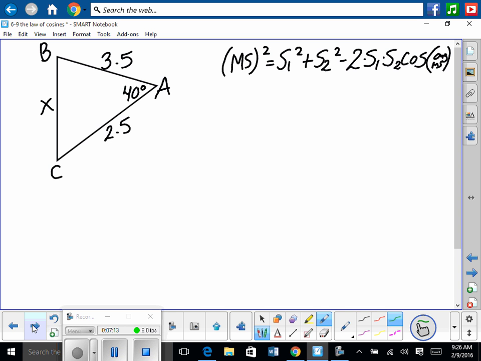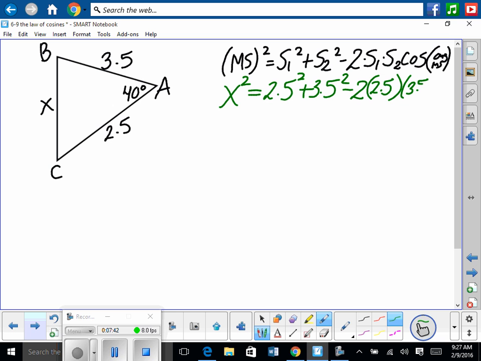So now the formula is this, missing side squared. So wouldn't that be x squared? So we're going to go x squared is equal to side 1 squared. It doesn't matter which one's side 1. So 2.5 squared plus side 2 squared. So 3.5 squared minus 2 times side 1, which is 2.5, times side 2, which is 3.5.